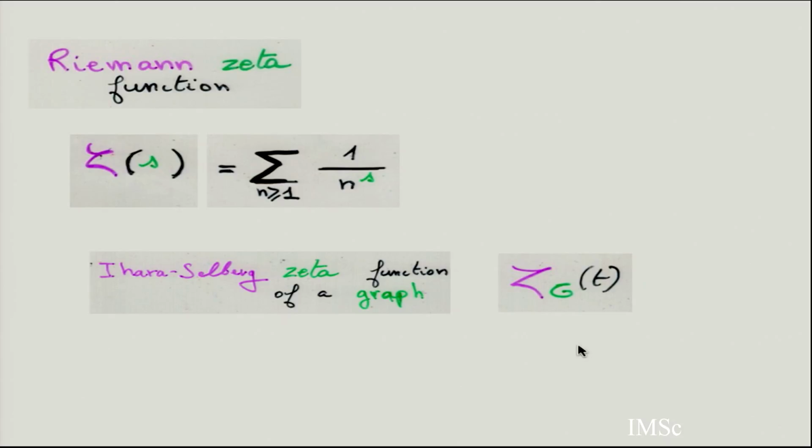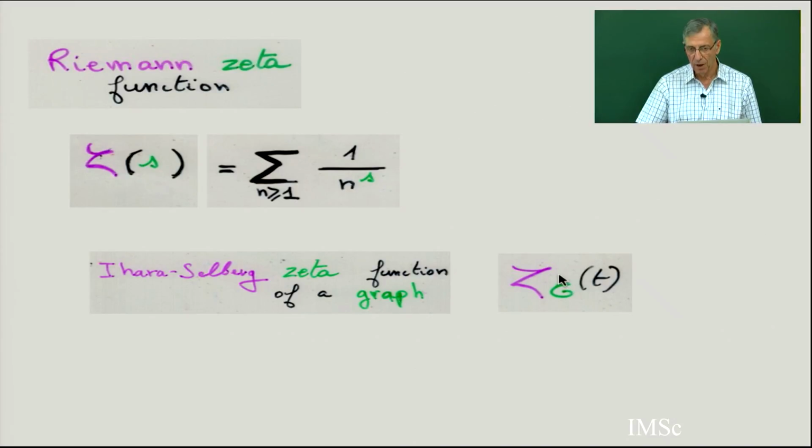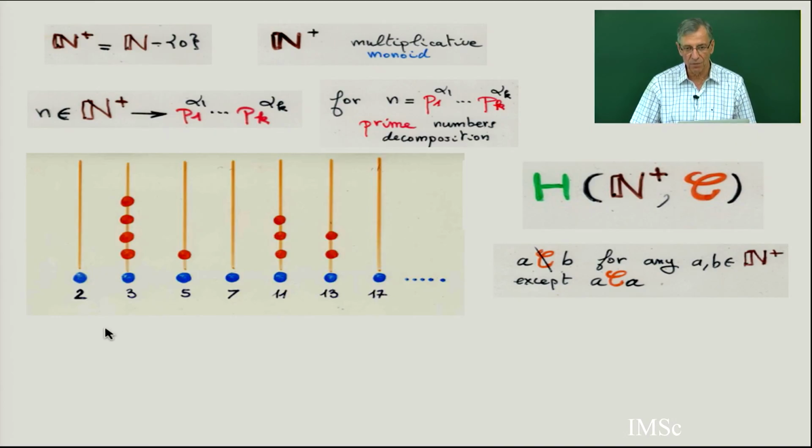This is usually called the Ihara zeta function or Ihara-Selberg zeta function. For any graph, we are going to define a zeta function which reduces to the classical Riemann zeta function in the case of trivial heaps. Trivial in the sense that there is no relation in the concurrency dependency relation.